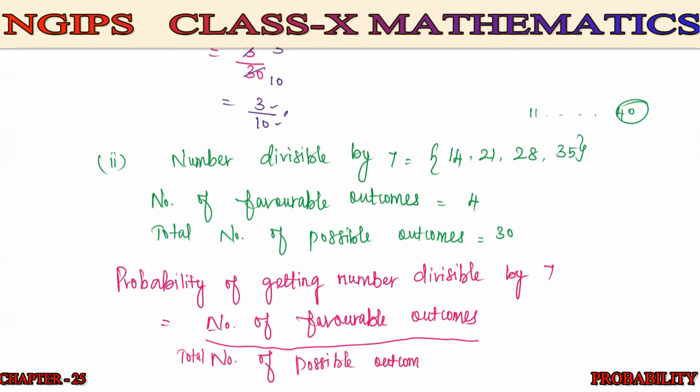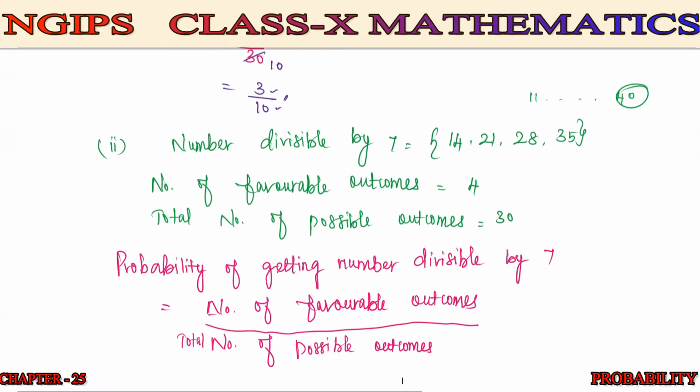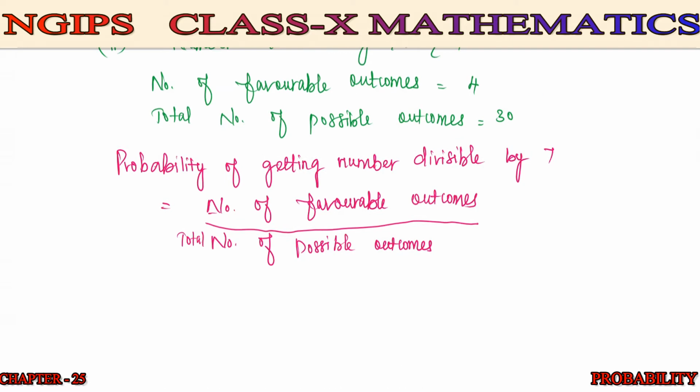So the number of favorable outcomes is 4, I can write 4 in the numerator divided by total number of possible outcomes, 30. If you simplify further, 2 2s are 4 and 15 2s are 30. We don't have any common factors between 2 and 15. So I can write 2 by 15 is the final answer.